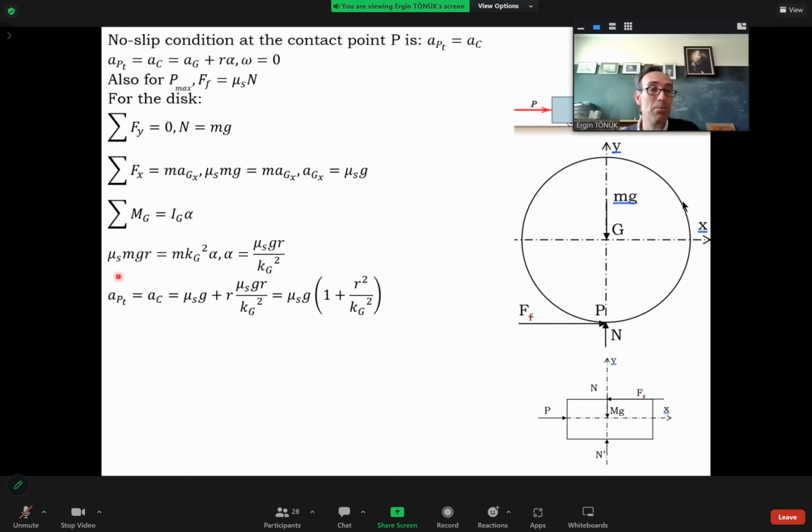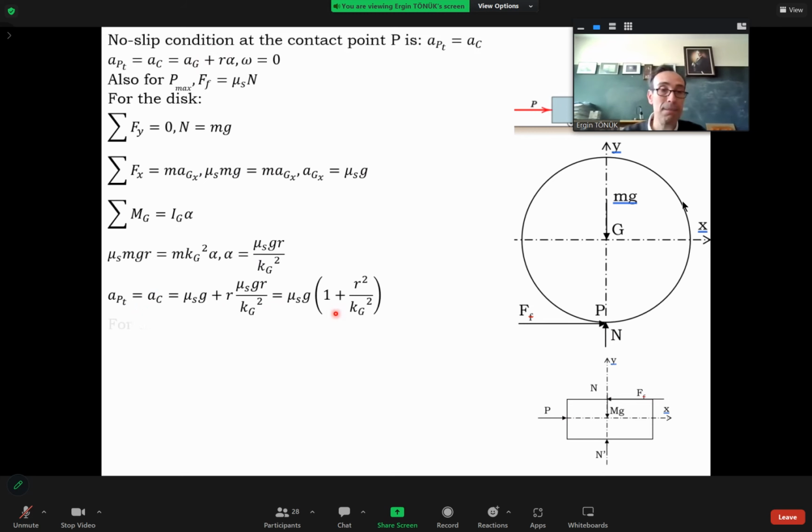I'm using that relation. And actually, I have an expression for a_G, which was here, and I substitute alpha as well. So I have these.